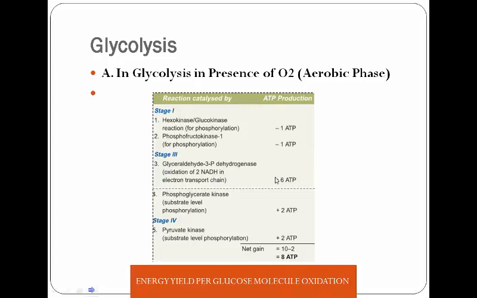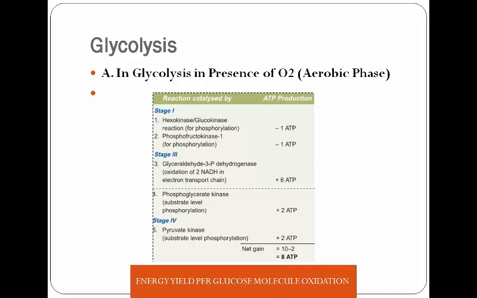At the first stage, 2 ATP are utilized, and in stage 2 there was neither production nor utilization of ATP, whereas in stage 3, 6 ATP are formed via mitochondrial oxidation, and also at substrate level 2 ATP are formed.